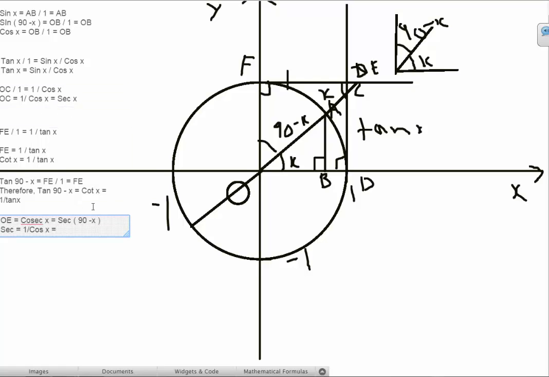So now we can say that as cos is adjacent over hypotenuse, sec x is going to be hypotenuse over adjacent, which in turn is OC divided by adjacent, which is 1. And so we get that sec of 90 minus x is OC, and hence sec of 90 minus x is equal to cosec x. Basically that was the video.